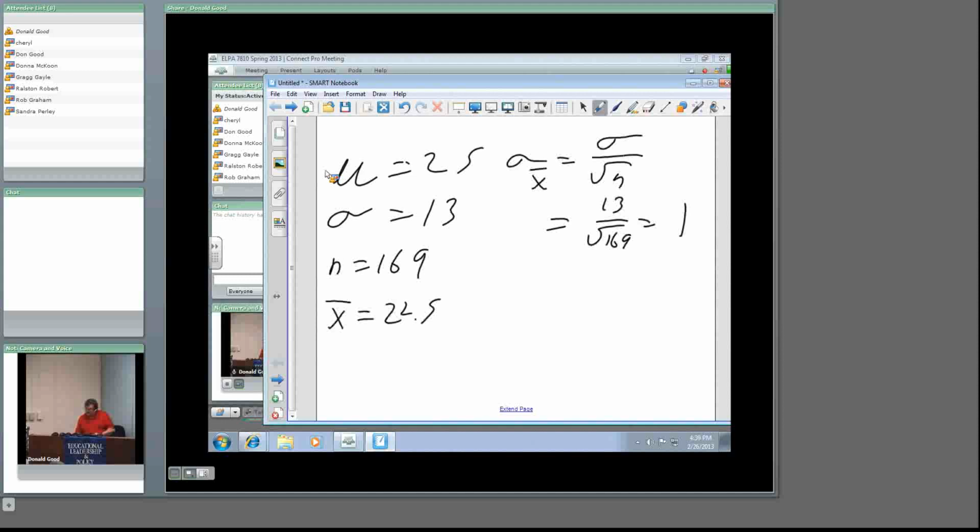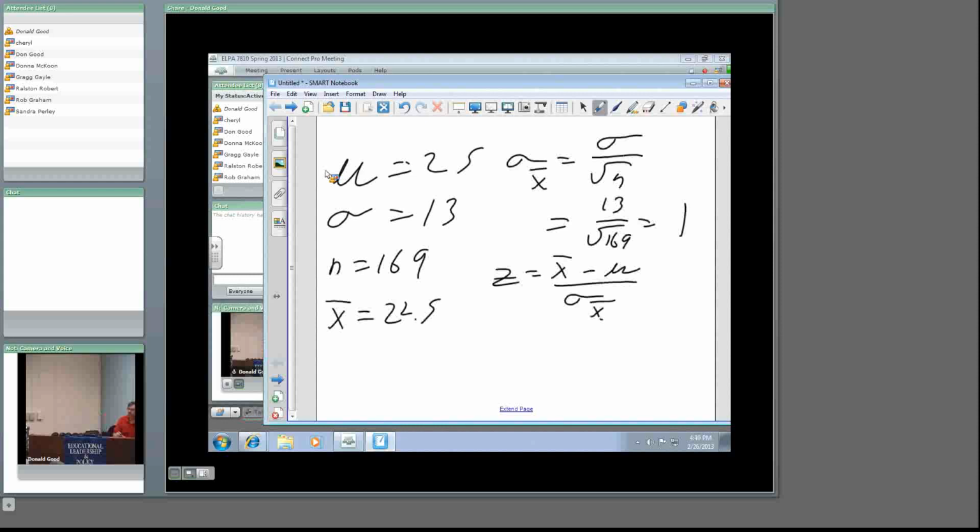So the question is, is our mean time of 22.5 different significantly than 25? So remember that Z is equal to the mean of the sample minus the mean of the population divided by the standard error. Did I get that right?